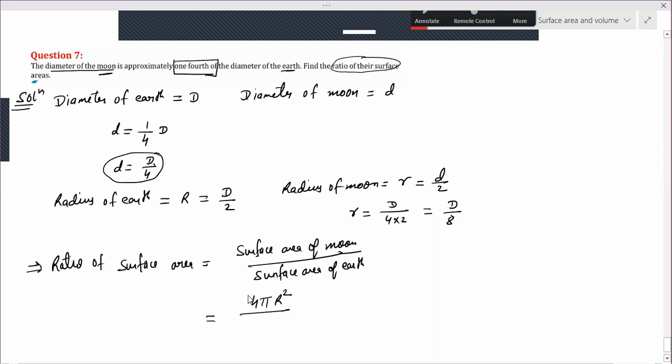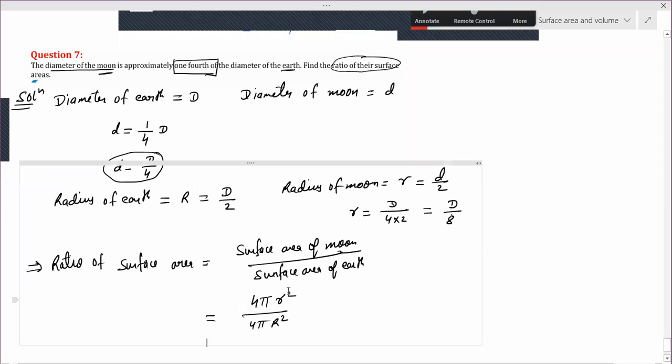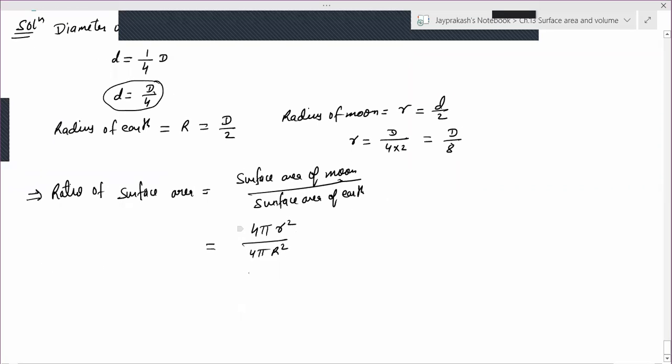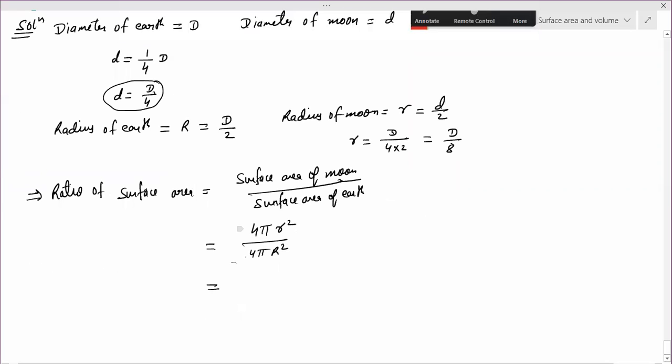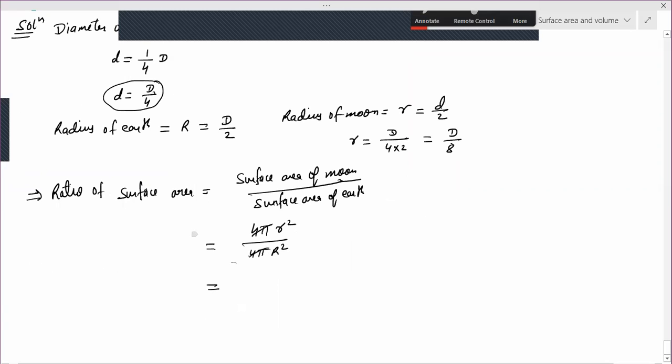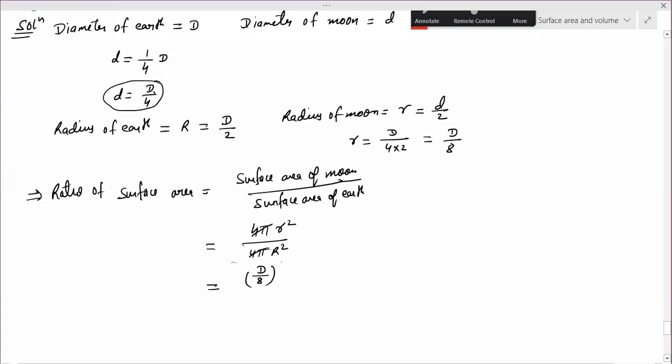Sorry, not a capital R, it is a small r because we have considered the radius of moon as a small r, and this side 4 pi capital R square. So 4 pi cancel. Value of small r in the form of D is D by 8, and the value of capital R is capital D by 2.